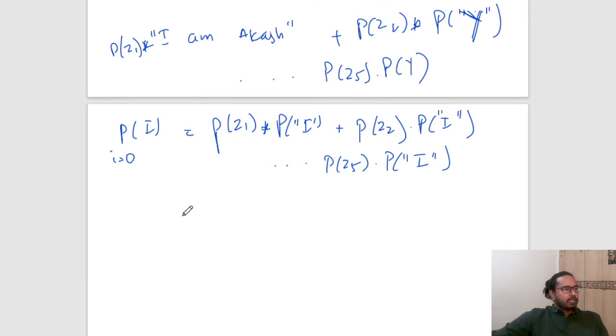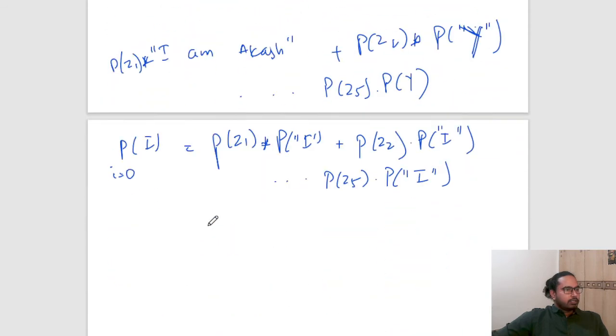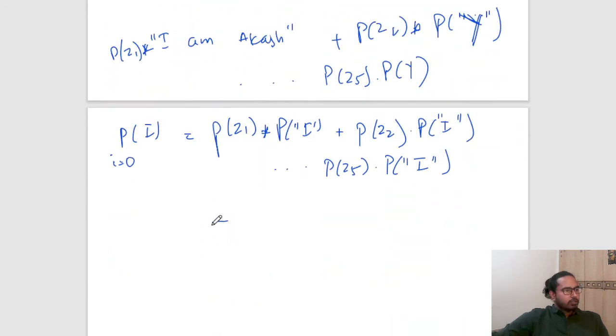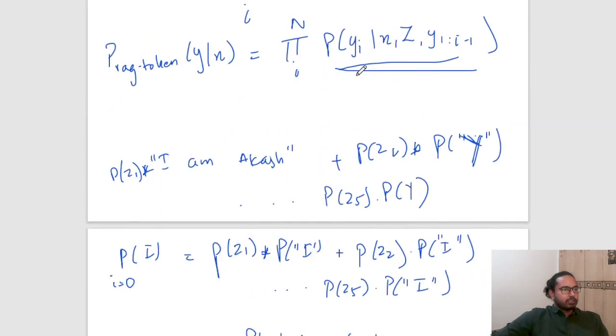So as you can see, what is happening here is that this expression is equal to a summation over all the retrieved blocks, of the probability of getting that particular retrieved block times the probability of that particular token given the context or the input question, this particular retrieved block, and all the tokens that have come before it. Understand? So this expression here is the value for this.